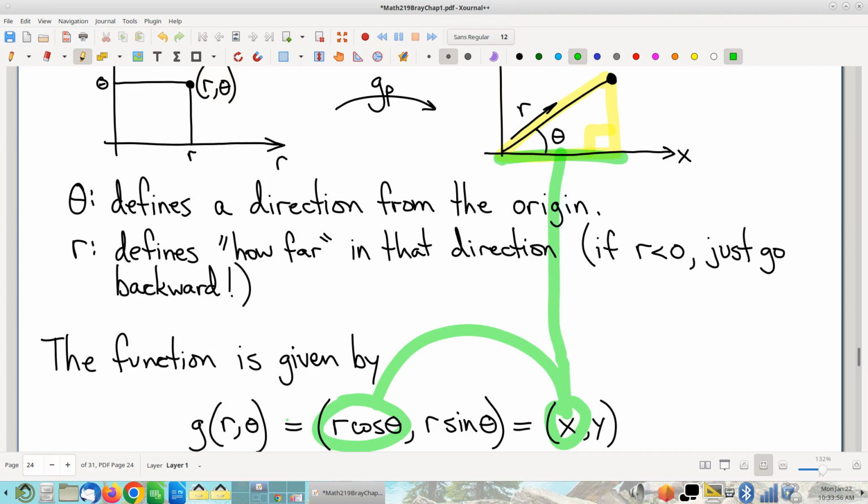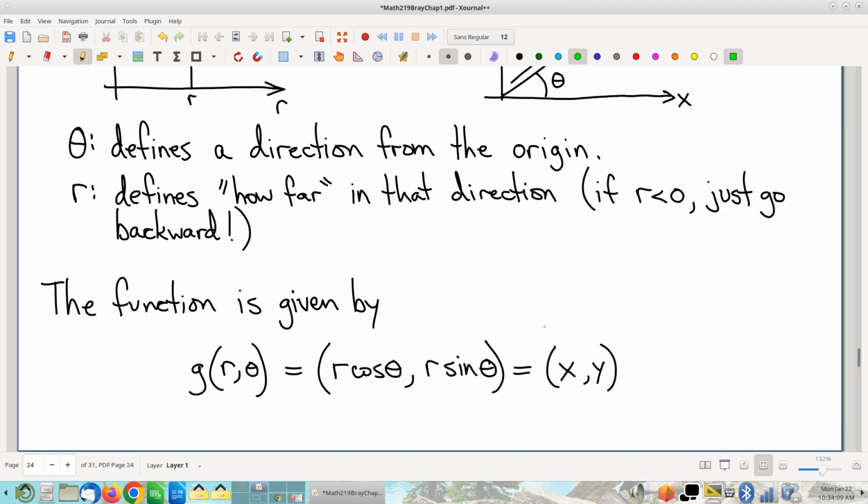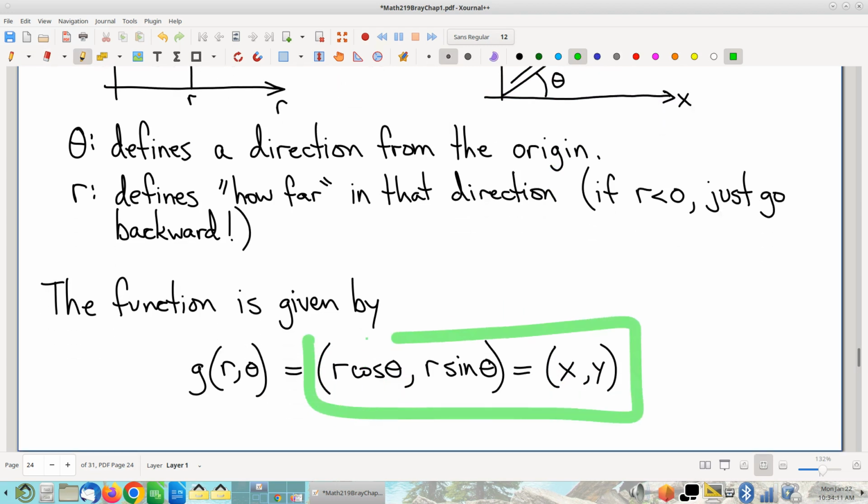So do make sure that you're crisply, unambiguously clear on exactly how that works. Think about the triangle sines and cosines and make sure you're solid on that. Please also do make sure that you memorize these formulas, that x and y are like so, because that's going to come up a million times in this class. Everybody good so far?